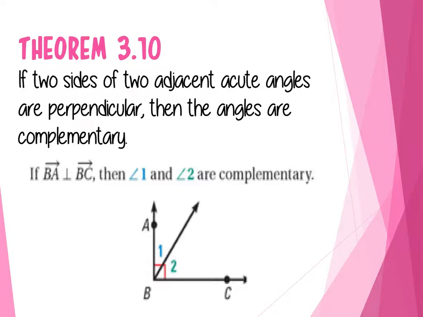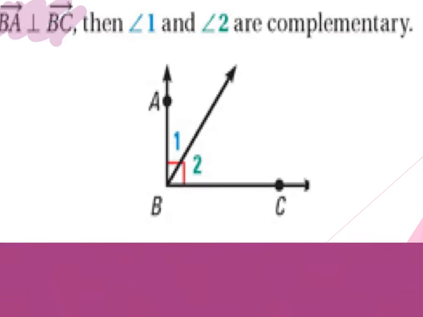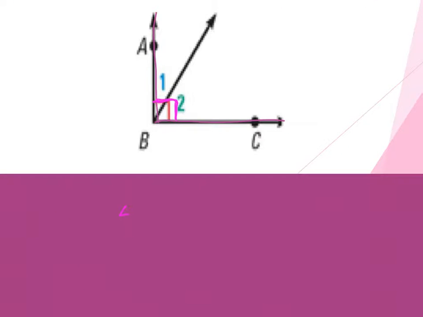And your given was that these two lines are perpendicular, right? You could take this drawing and you could say, okay, if these are perpendicular, then that would be given, right? Then this is a right angle, and that's the definition of perpendicular. You could do it that way, right? So I could say angle ABC equals 90 degrees.